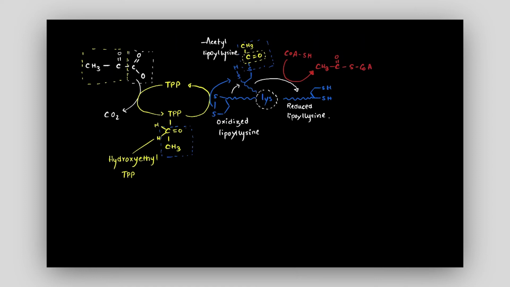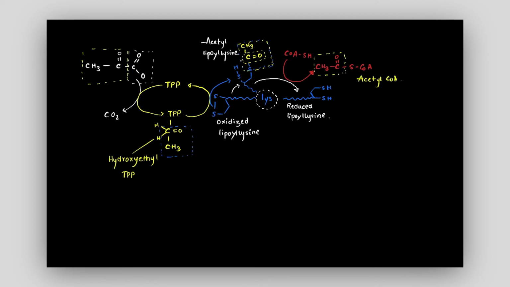Again, this part is coming from here. So this coenzyme A is getting acetylated to this, and now we call this the acetyl CoA. Right? So we got our acetyl CoA.